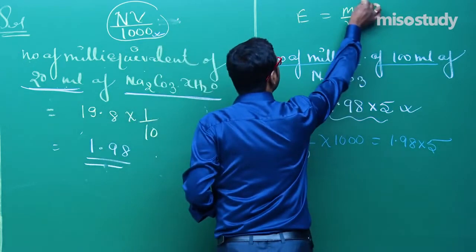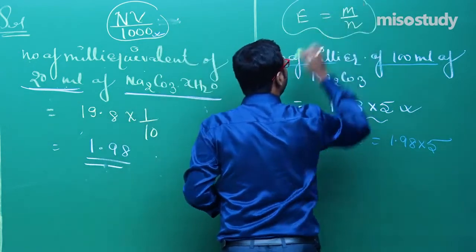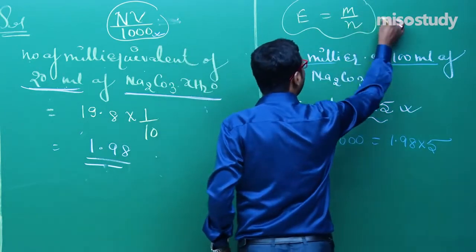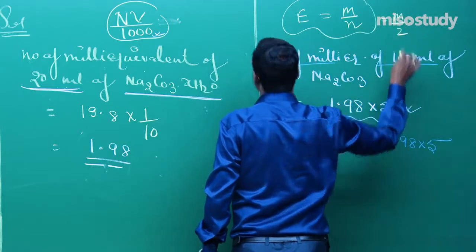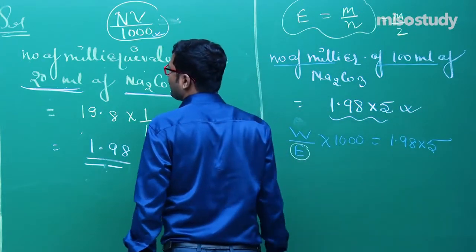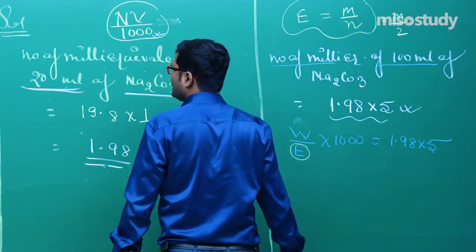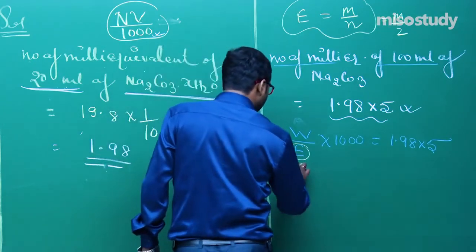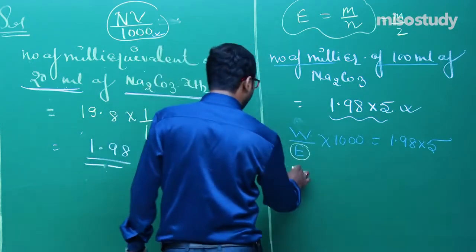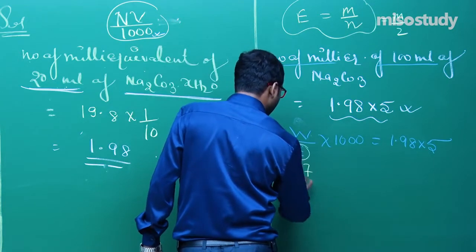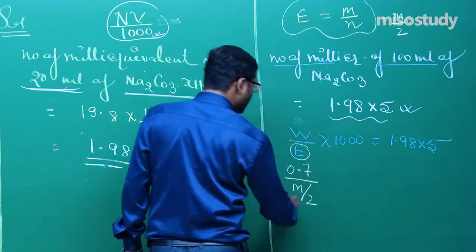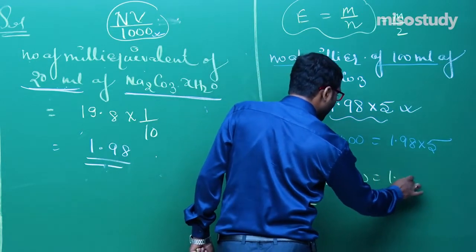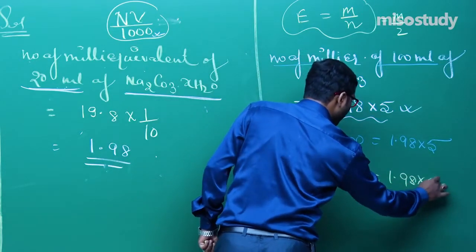So E is equal to M upon n, here n is equal to 2, so put M by 2, because 2Na+ means the total positive charge is 2, and CO3 2-, the total negative charge is also 2. So put W, the value of W is 0.7, upon M upon 2, multiplied by 1000, equal to 1.98 multiplied by 5.